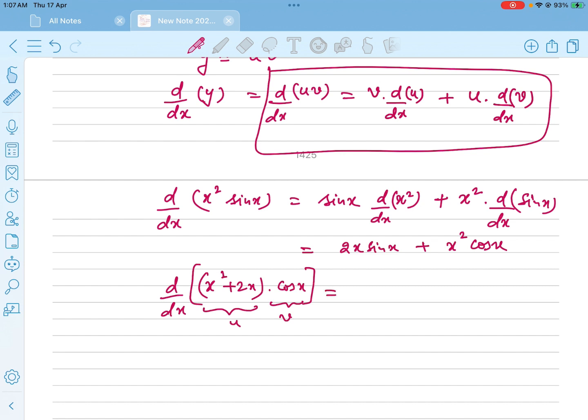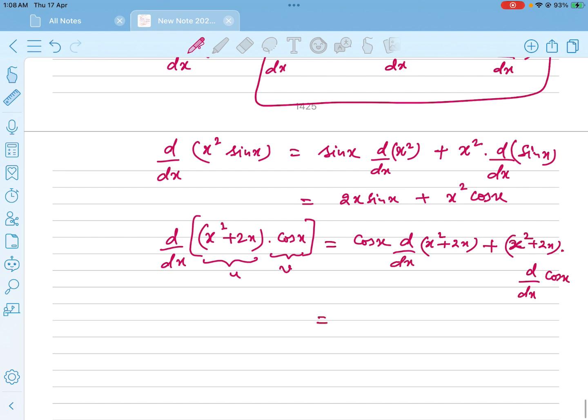So this would be v, which is cos x in my case, times derivative of x square plus 2x, plus u, which is x square plus 2x, times derivative of v, which is cos x.